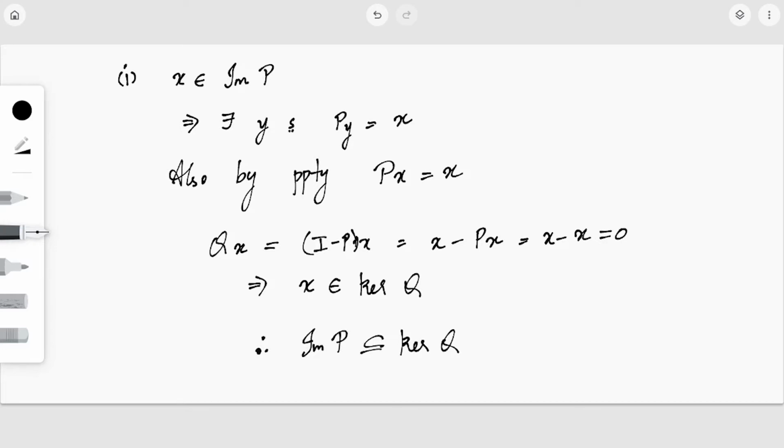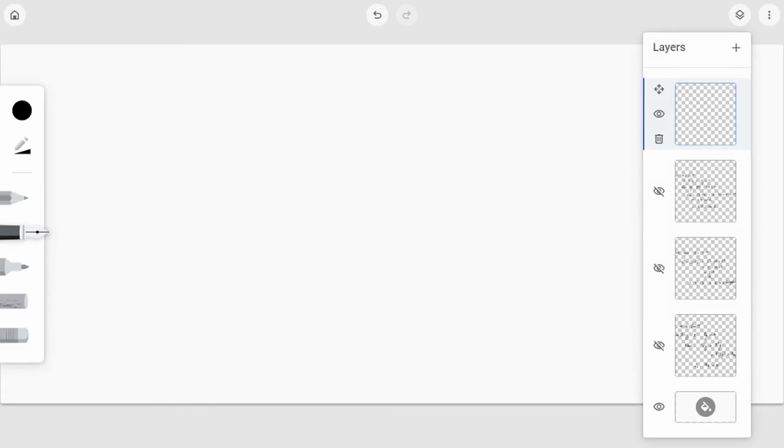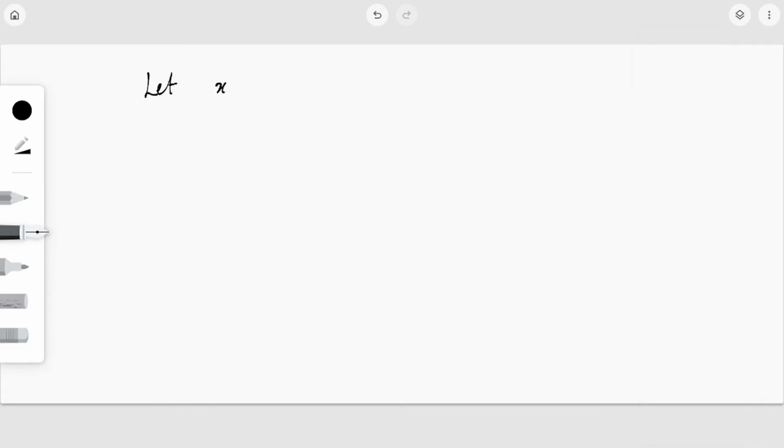Now let's see the backward implication. Let X be an element of kernel of Q. This implies I minus P acting on X will be 0. This implies X minus Px equal to 0.